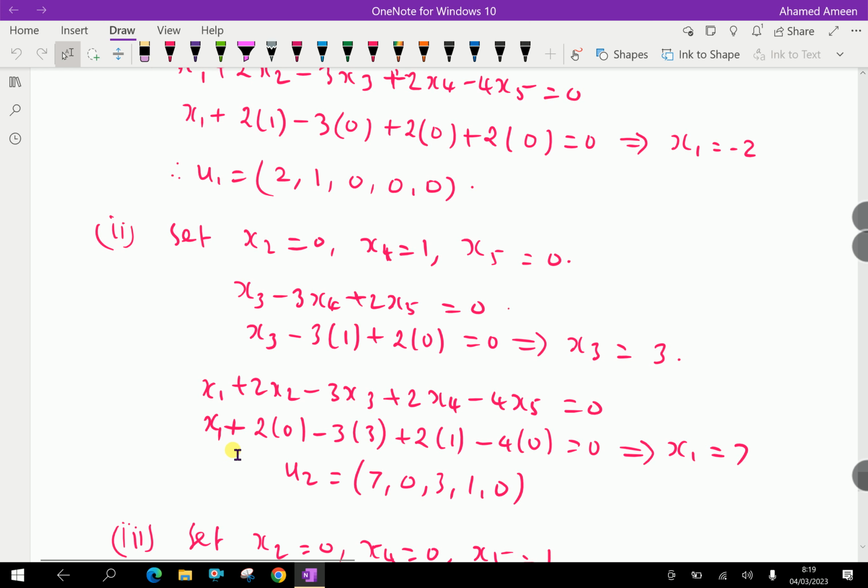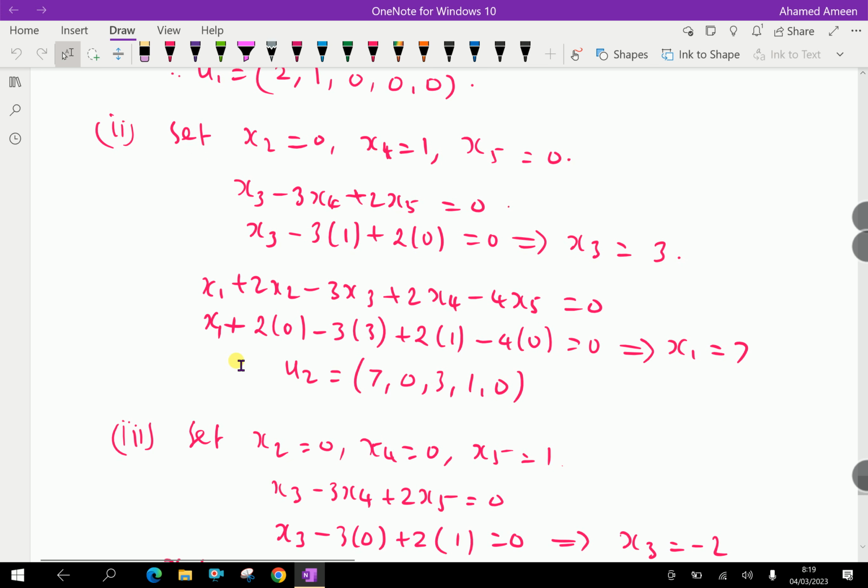Substituting the values, x1 plus 2 into 0 minus 3 into 3, plus 2 into 1, minus 4 into 0, which gives x1 is 7. So our vector is 7, 0, 3, 1, 0.